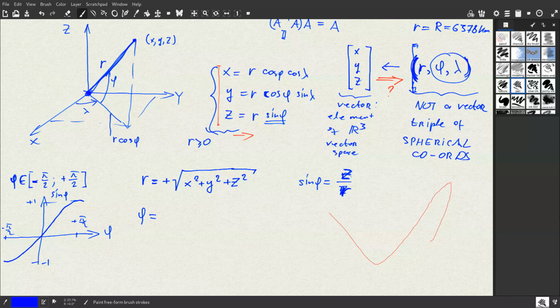So in that case, sine phi uniquely determines phi, because phi is in this range.